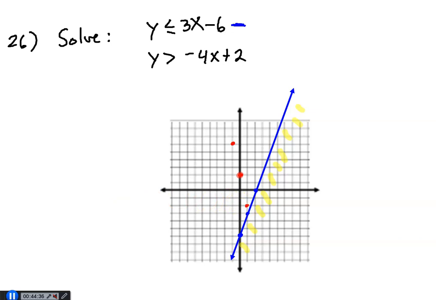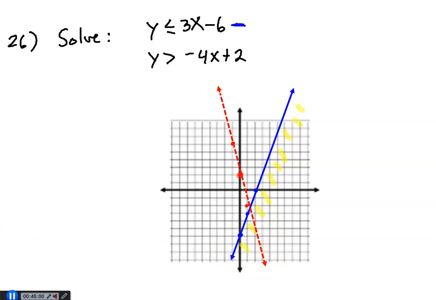And it's going to be a dotted boundary line. Looks like that. And it's the greater than side, so greater than is above the line.